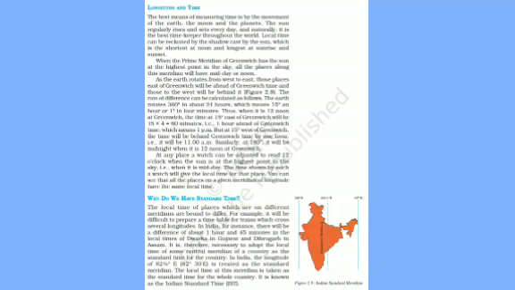As the earth rotates from west to east, the places east of Greenwich will be ahead of Greenwich Mean Time and the west will be behind it. This is very important to know. Suppose India is located in the eastern hemisphere. So when we are traveling from India to the US, which is in the western hemisphere, naturally we will lose our time.